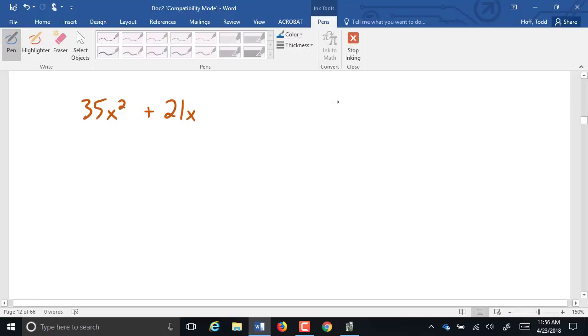If I look at this, I start out with the 35 and the 21. The largest number that divides both of those, let's try 7. 35 divided by 7 is 5. 21 divided by 7 is 3. Can I reduce those any further? No, I cannot. So 7 is the greatest common factor of the numbers.